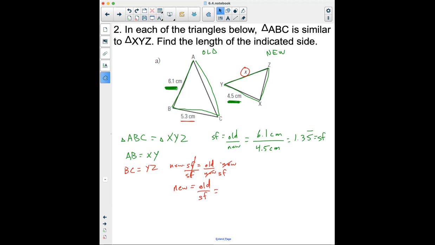Okay, my old measurement is 5.3 centimeters. Scale factor is 1.35 repeating. Okay, don't just put in 1.35, put in that whole number. We want to be as accurate as possible. Okay, and we get our new measurement, or side X, equaling 3.9 centimeters.